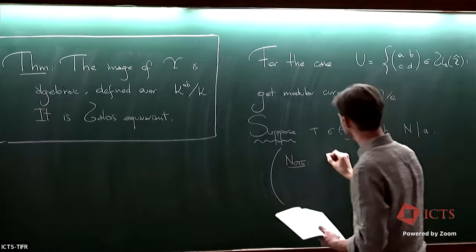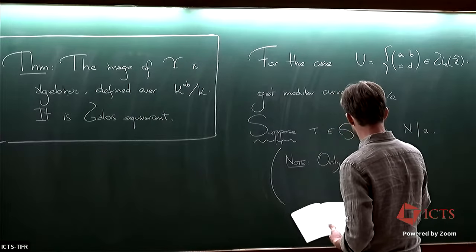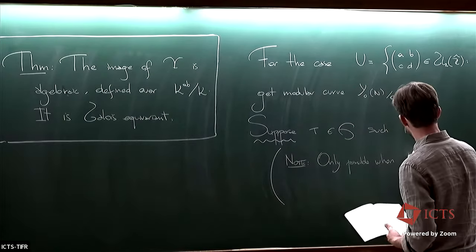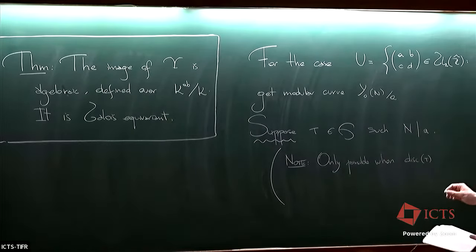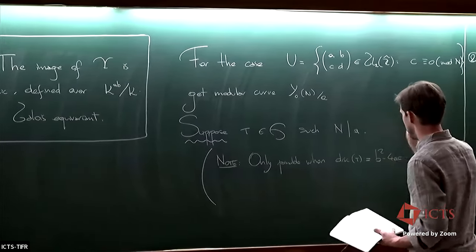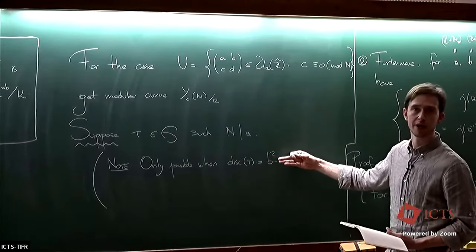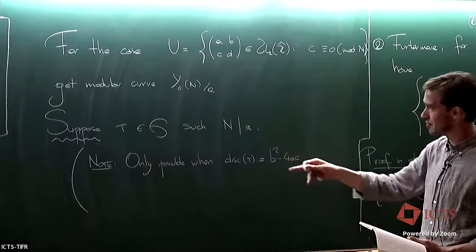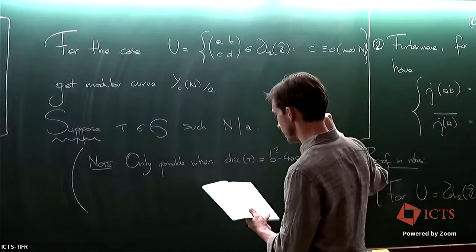So note that this is only possible when the discriminant of tau, or the discriminant of the quadratic form ABC, which is defined to be b squared minus 4ac, well, if I reduce this modulo any prime that divides n, this term goes away. And I see that the discriminant must be a square modulo that prime. So that gives me for every prime that divides n some condition on the discriminant, namely that it has to be a square.